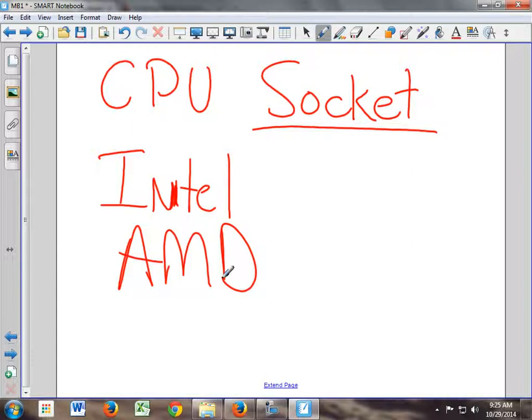Okay? So we got two different kinds of companies, and this is not hard and fast, but it's a 90% true rule. Intel uses a socket called LGA.